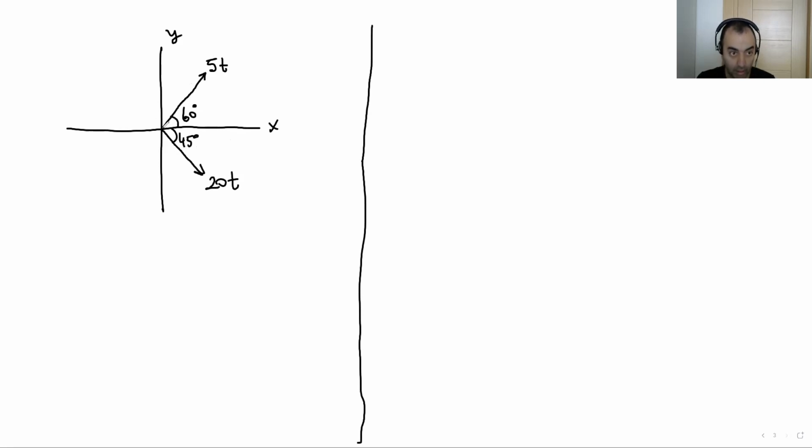And the resultant force, let me draw it in red. The resultant force is in this direction. This is R, 10 ton. The angle is this. And I have one more force. This is F, and the angle is theta here. This is the point 0.